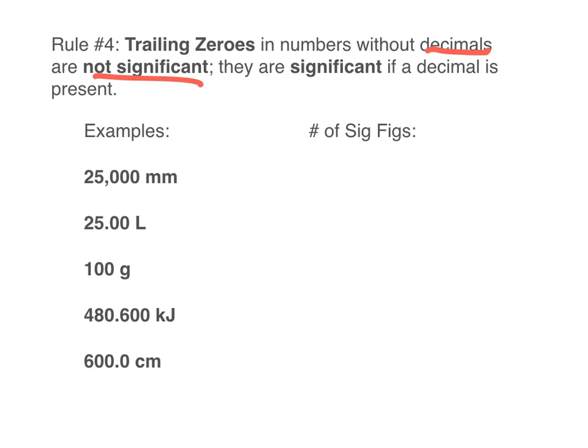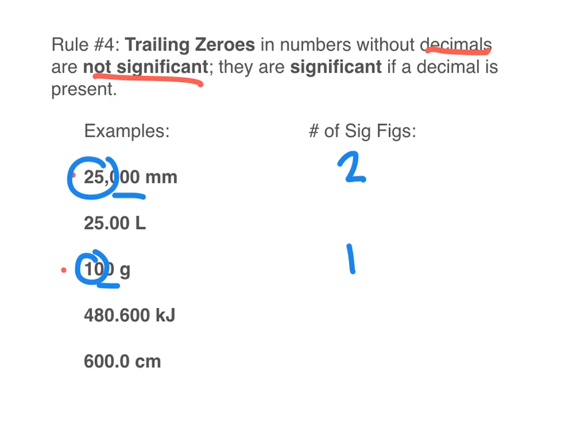So let's take a look at these examples here. So this doesn't have a decimal point, this doesn't have a decimal point. So these zeros that appear at the end, they are not significant. That means that for this first one, I only have 2 significant figures, the 2 and the 5. Here, I only have 1 significant figure.